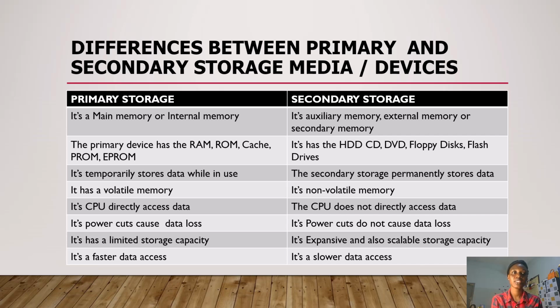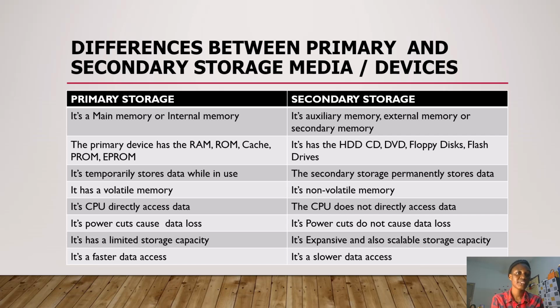That is the temporary. So the secondary stores data permanently. And the fourth point is the primary storage device has a volatile memory and the secondary is non-volatile.